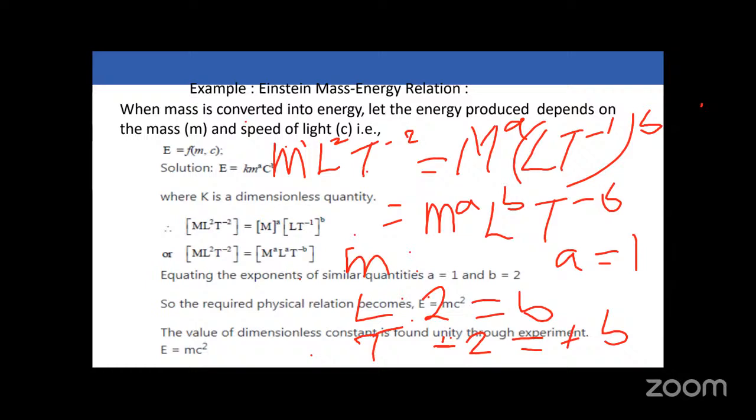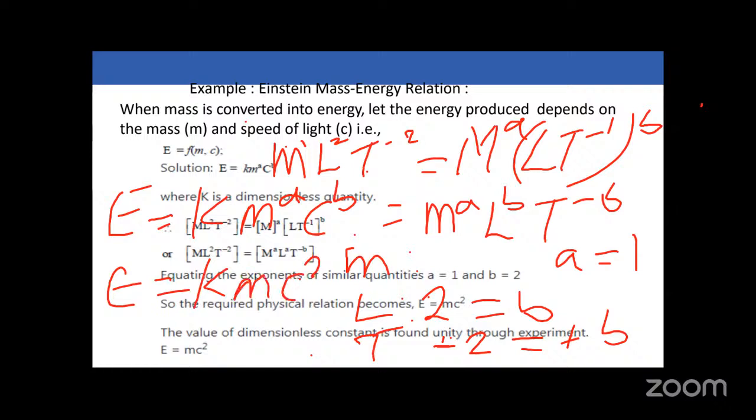If I come back to the original equation where I have E is equal to K M^A C^B and substitute the values, I will have E is equal to K M C^2. A is 1, B is 2. This is the Einstein energy formula that we know.